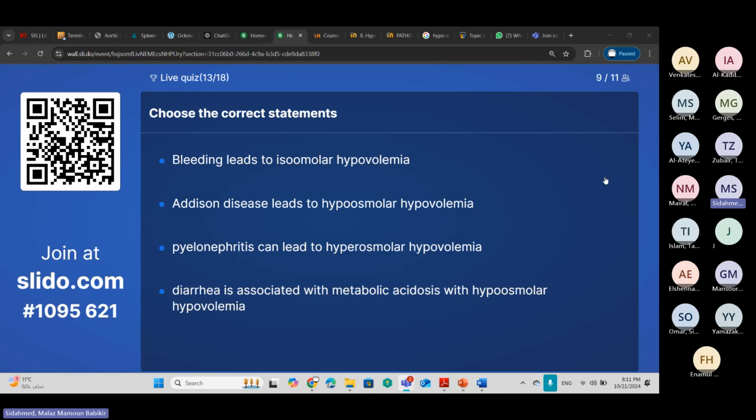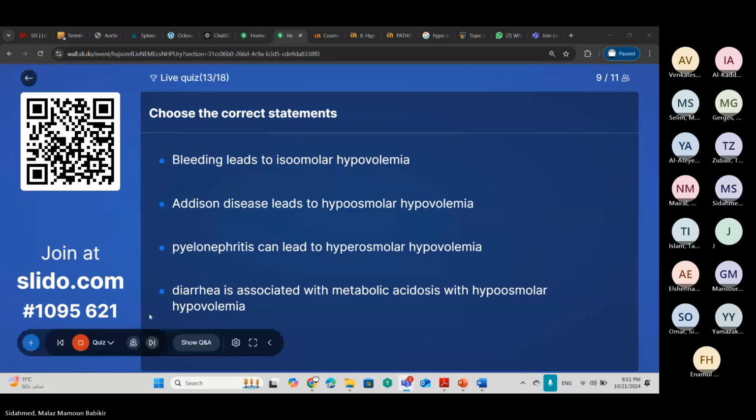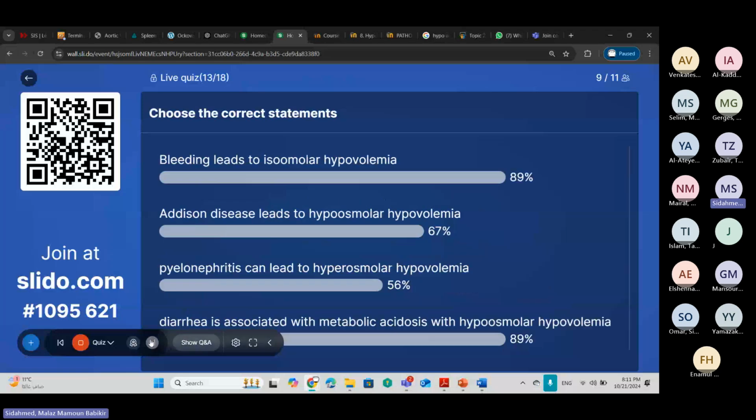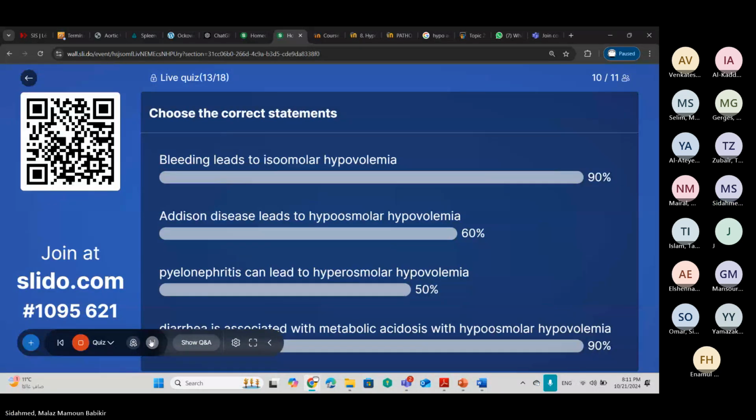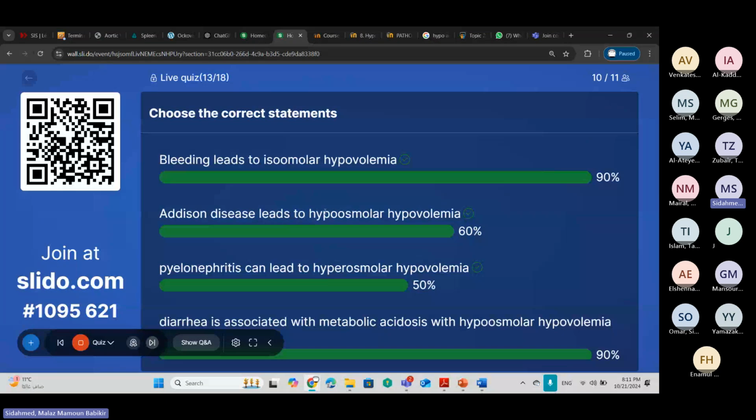Okay. We can discuss the question. Okay. So it can also, I think in the lecture it's written it can lead to later hypoosmolar, but you can define bleeding both as iso and hypoosmolar hypovolemia.